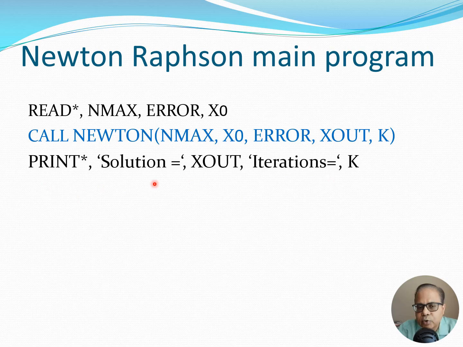So the solution is going to be x out and k. Now, the interesting thing about the subroutine is later on I'm going to show you that we are going to create a condition where we vary the values of x0, that is the starting guess for the Newton-Raphson method, and we are going to check the impact of that on x out and k. So these are some things which can be neatly done once you have a subroutine.